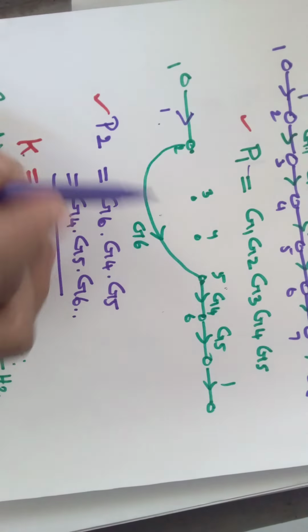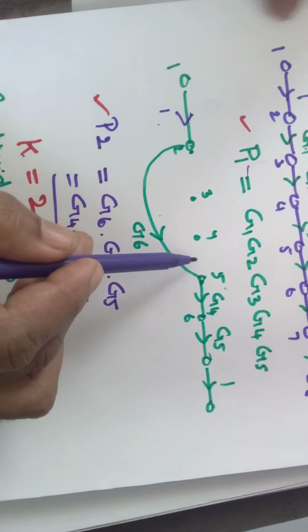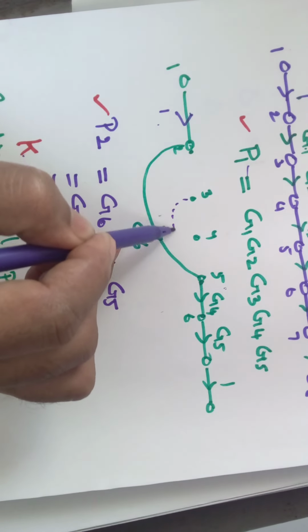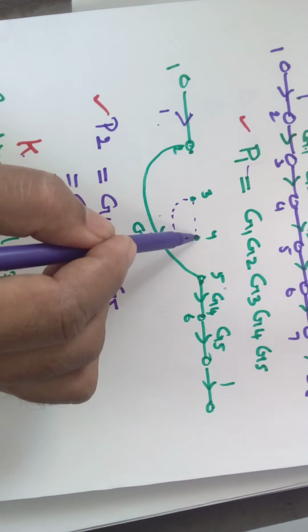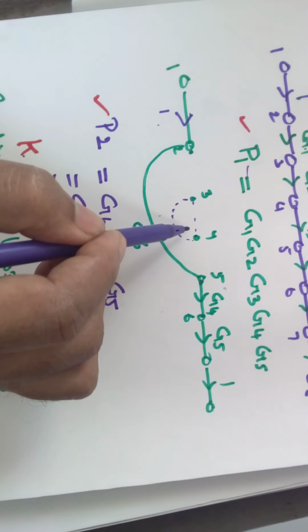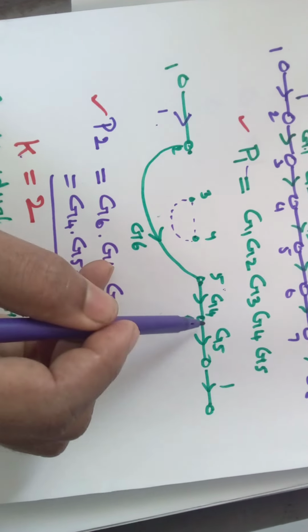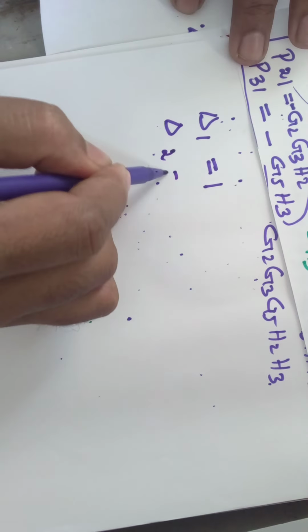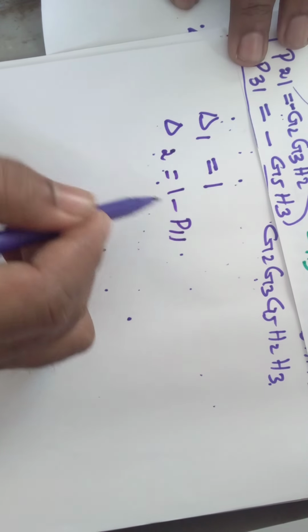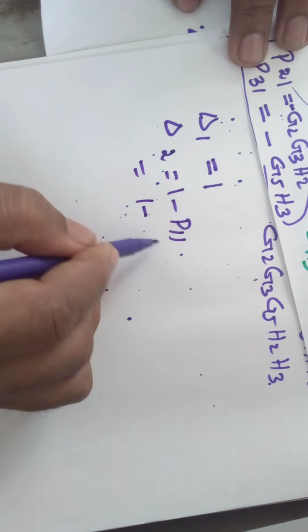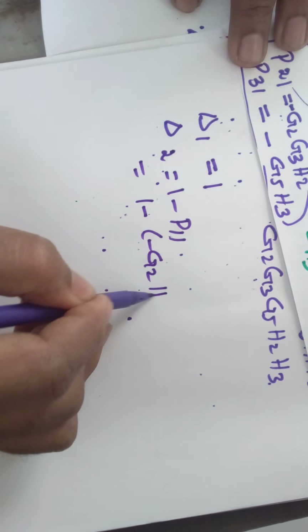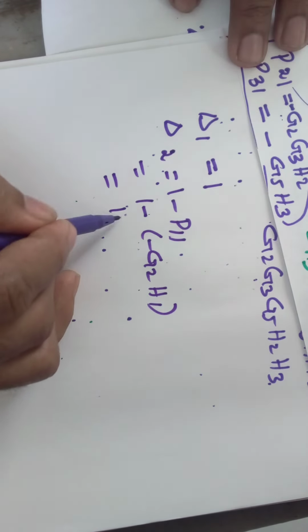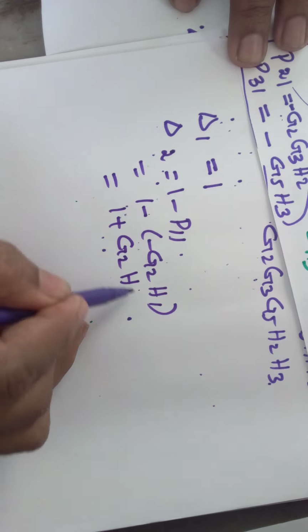You see the second forward path, this is the second forward path, but this loop is available at this place. Therefore this part of the graph is not touching the second forward path. Therefore we can write delta 2 is equal to 1 minus P11, which is equal to 1 minus G2 into H1, which is equal to 1 plus G2 into H1.